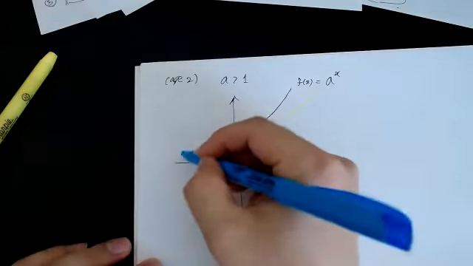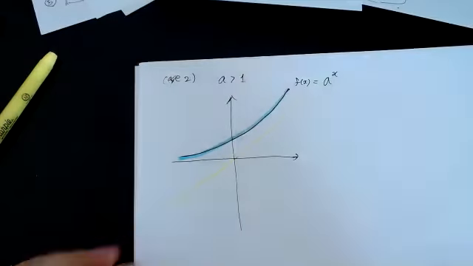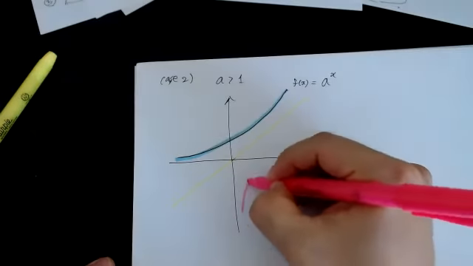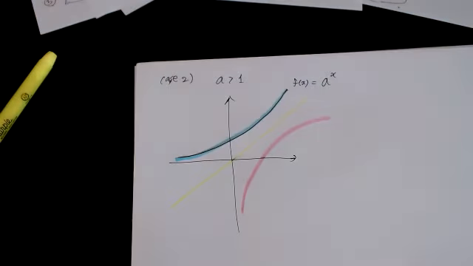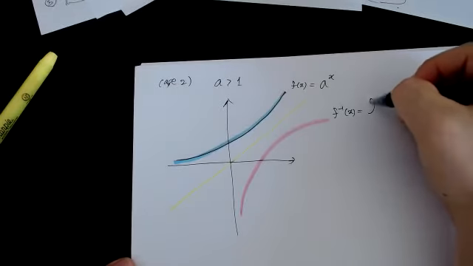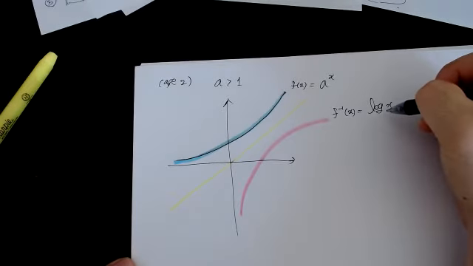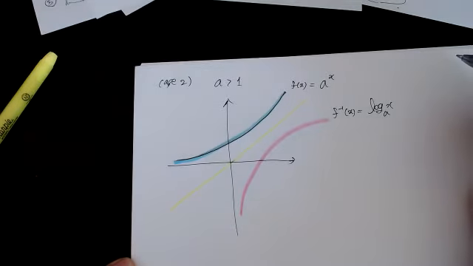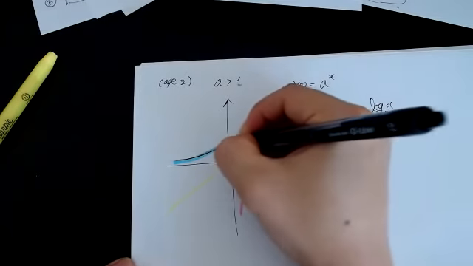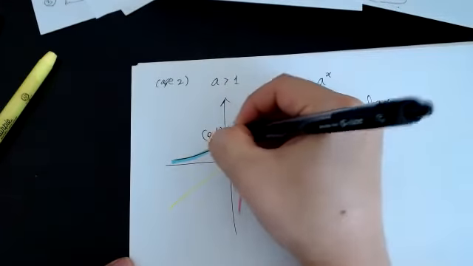Let me draw the graph in blue. Then I'm going to reflect the graph about y equals x, and we get this. This is the graph of f inverse, which is log of x to the base a. This point is definitely going to be 1, 0, and that one is 0, 1.